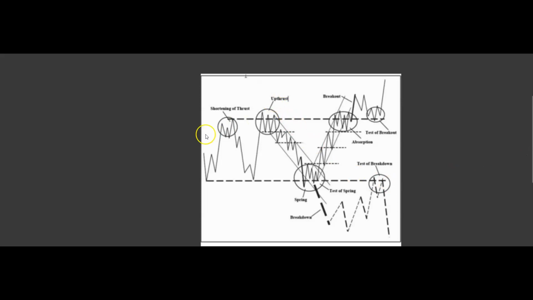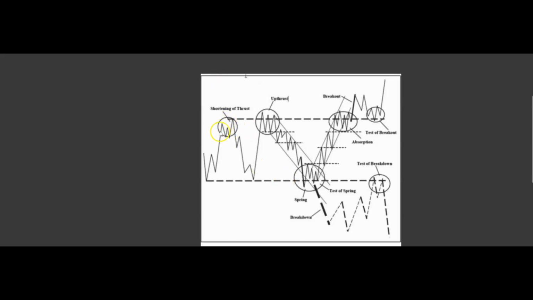When he's talking about shortening of the thrust, what I'm saying is that we're not trying to sell shortening of the thrust, and I believe he's also not trying to sell it. But when you see an upthrust, let's say after a breakdown, you have a pullback and then another pullback that upthrusts the prior high, that's something you want to take a look at for a sell.